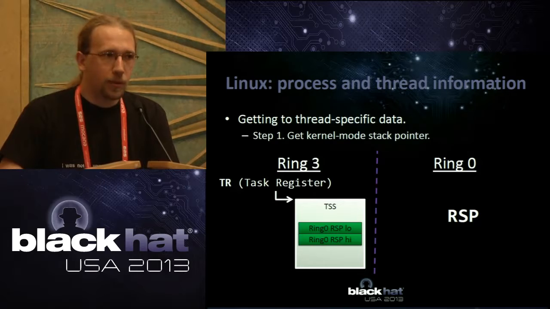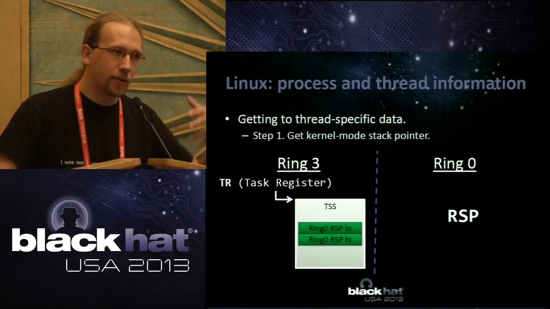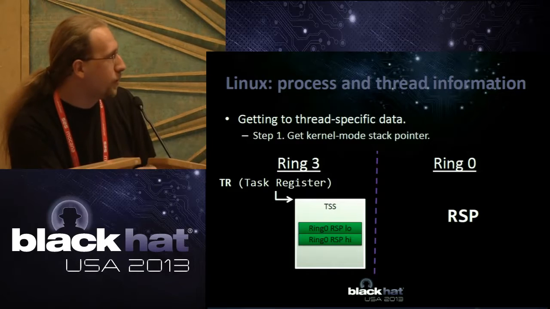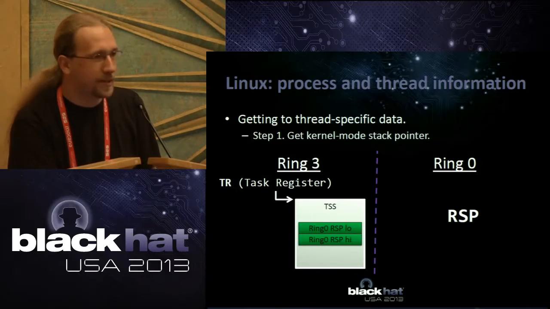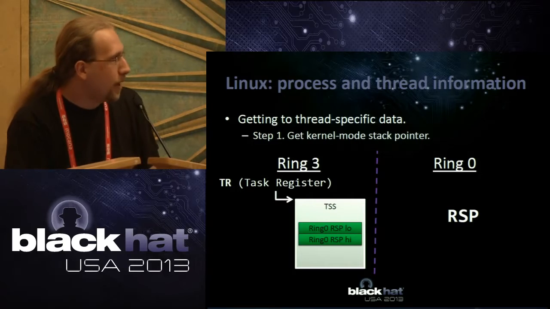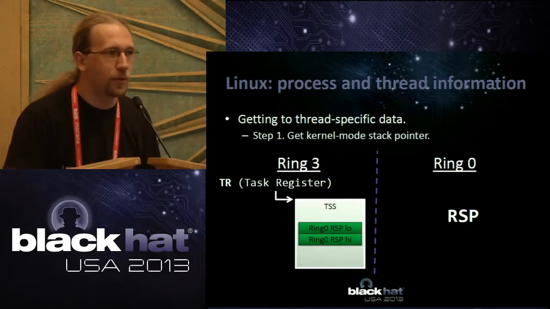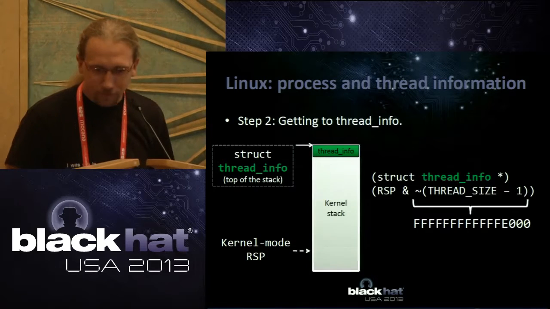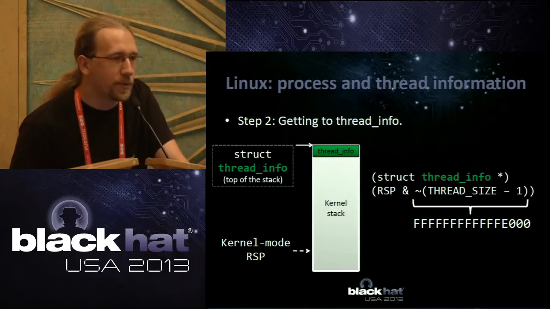To get thread-specific information, if we are in user mode, we just read the task register, go into the TSS, these are of course x86 structures, and read the kernel RSP, the kernel stack pointer. That's important on Linux, read the stack pointer from there. However, if you are in ring 0, this is trivial because you already have the stack pointer in the stack pointer register, obviously.